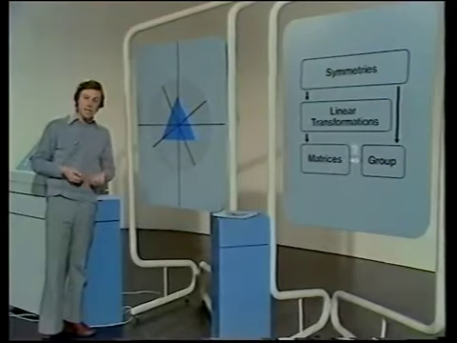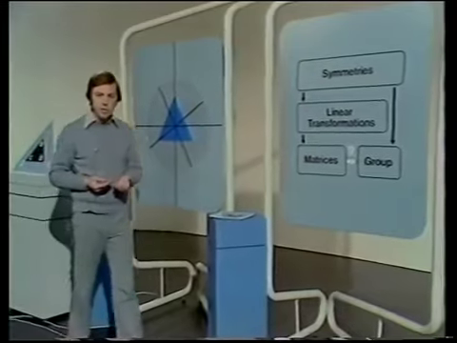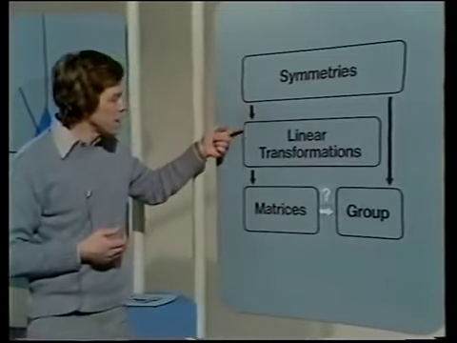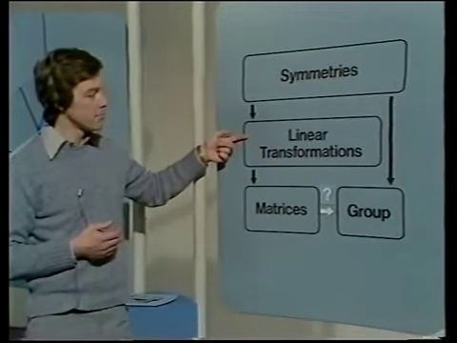So in that way, we can think of the symmetry as a linear transformation. And you can do exactly the same thing for all the other symmetries. Each of the 6 symmetries you can think of as linear transformations of the plane.